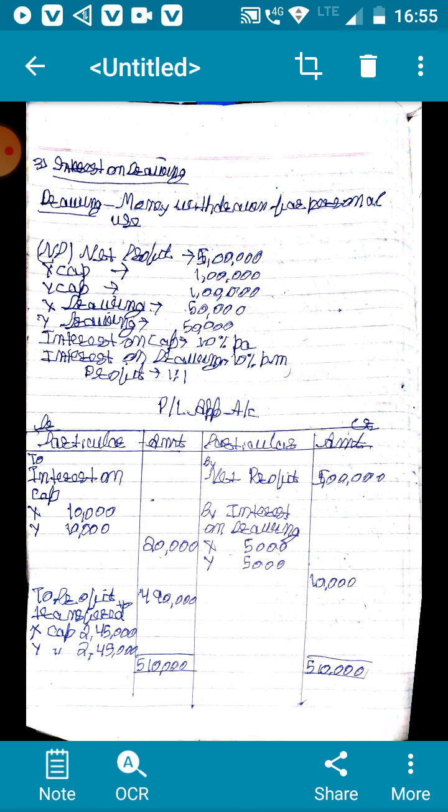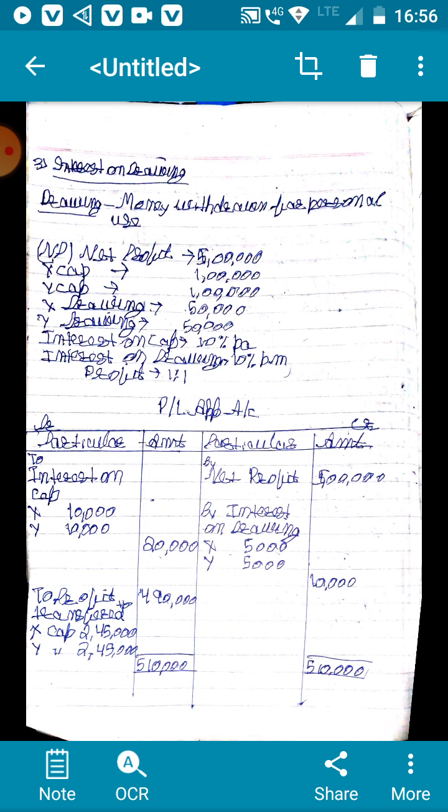How will we prepare it? In the debit side of the profit and loss account, we make two columns, particulars and amount. Likewise, in the credit side of the profit and loss account, we make two columns, particulars and amount.